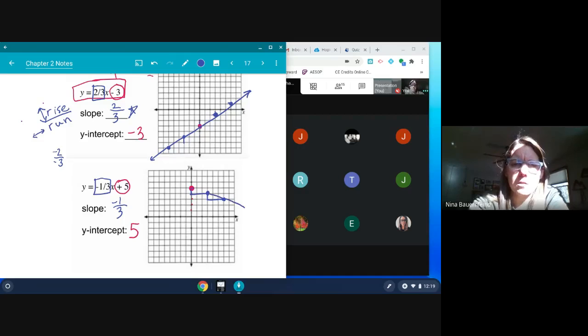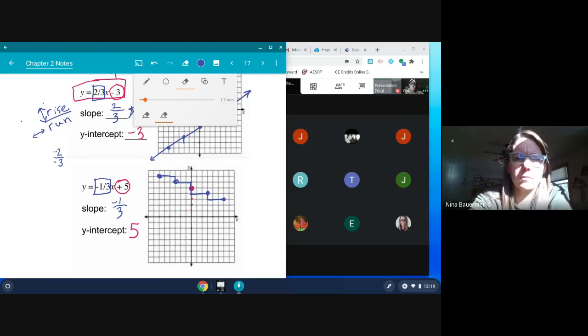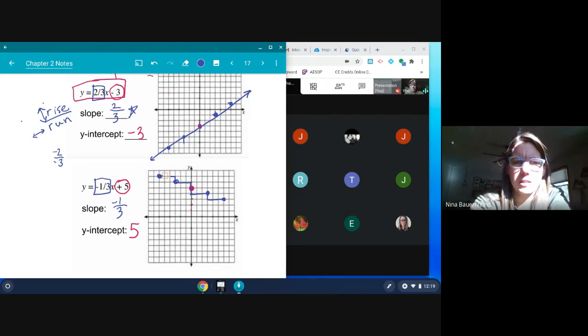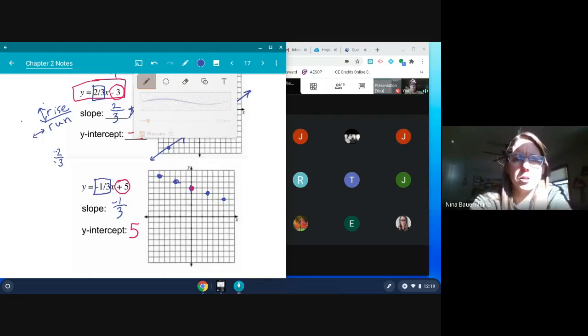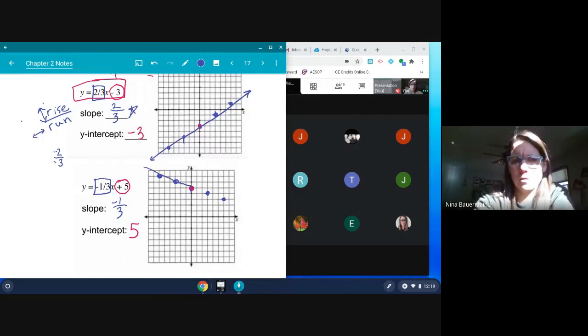You'll notice we go this way. We could also go up 1 and backwards 3. Up 1, backwards 3. So if you guys just count, that works well. But then we do need to connect them.